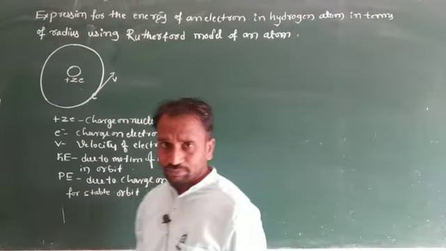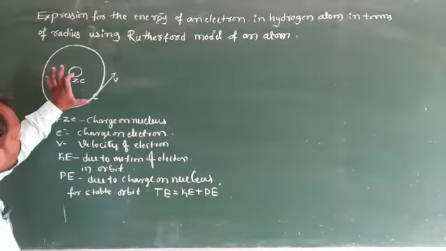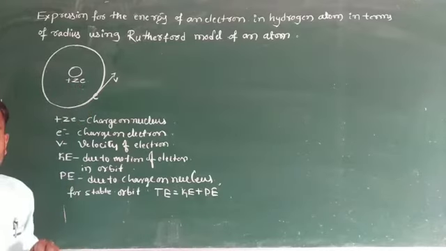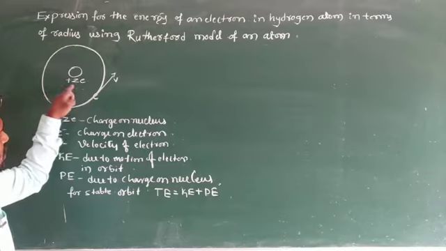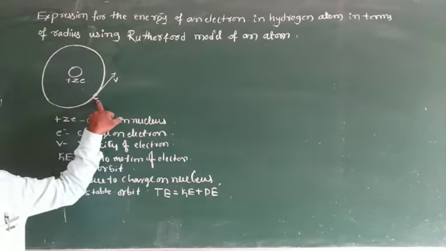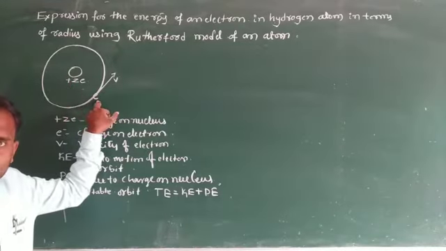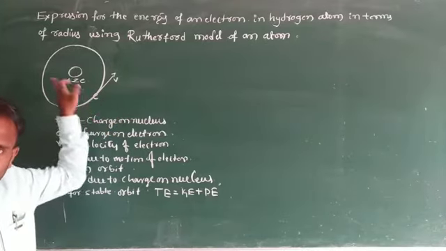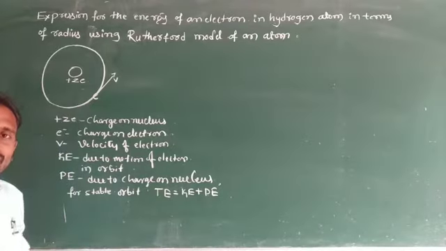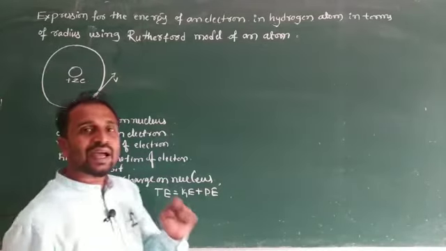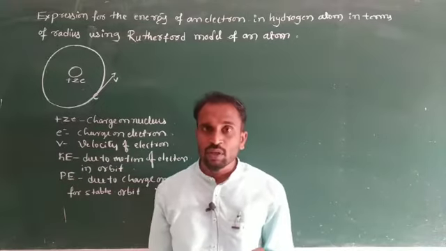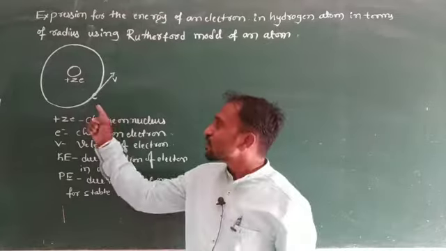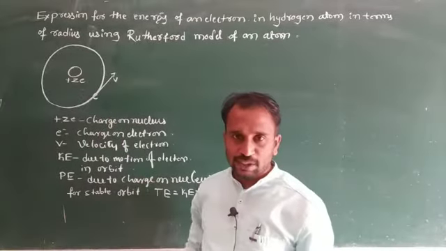The electron revolves around the nucleus because between them we get an electrostatic force: there are two charges, a positive charge on the nucleus and the negatively charged electron. This electrostatic force acts like a centripetal force, so the electron revolves around the nucleus.